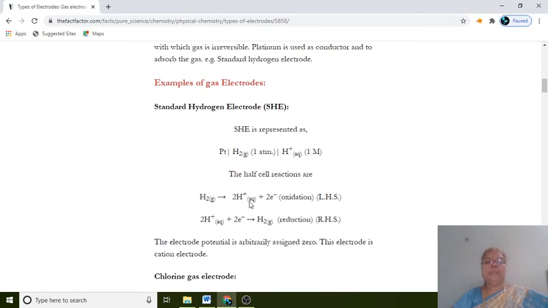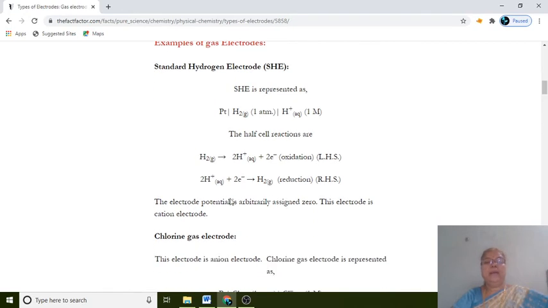Then the half cell reaction is written as H2 gas gives 2H plus ions in aqueous medium plus 2 electrons, and this is the oxidation reaction. And the reduction reaction we can write as 2H plus in aqueous medium plus 2 electrons gives H2 gas.